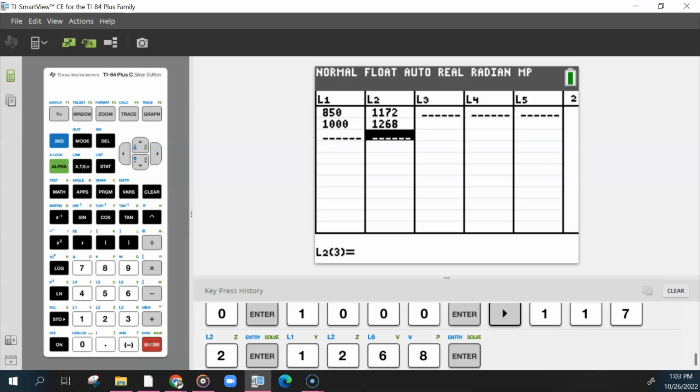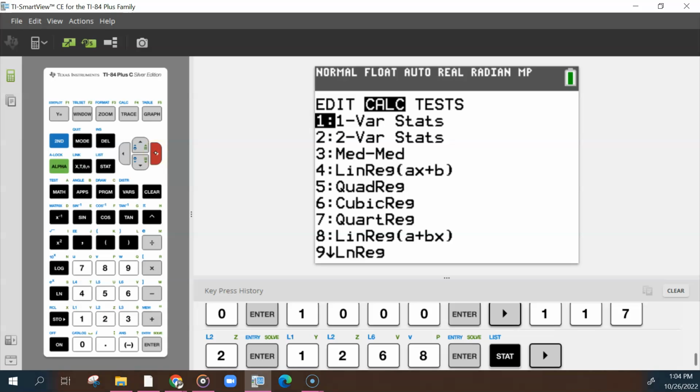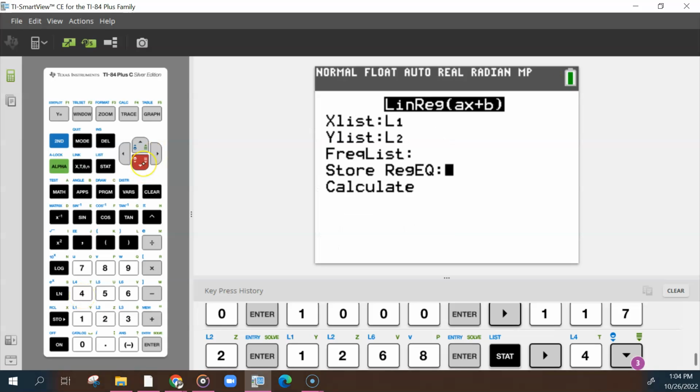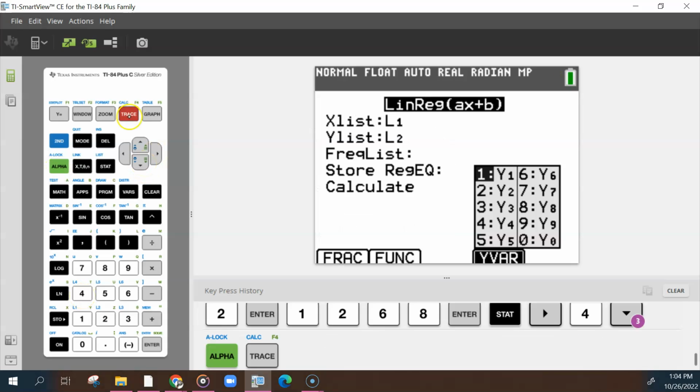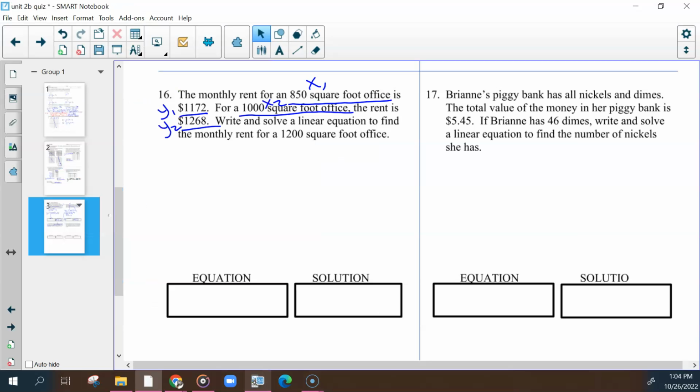It's nice because there's only like 4 things you have to put in instead of a whole list of numbers. And then go on to your step 2, stat, scroll over to calculate, number 4, scroll down, hit alpha trace, enter till your screen changes. So if you did this algebraically, you would have gotten a fraction, like 16 over 25, which some of you were close, but not quite. This would be the same, 0.64, and that fraction would be the same.